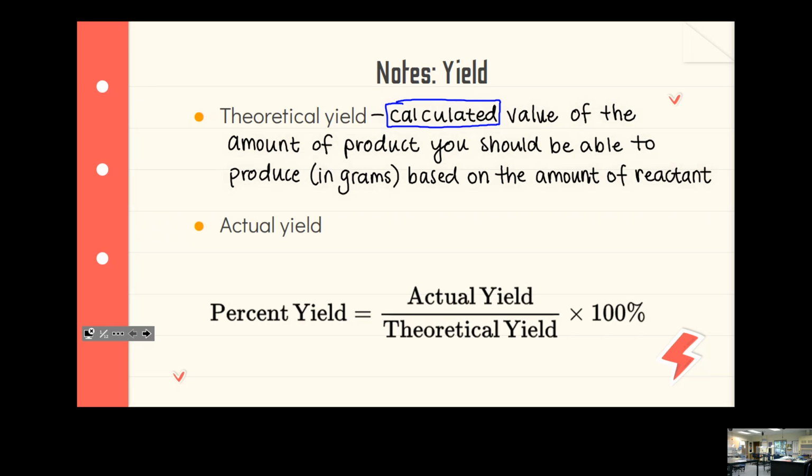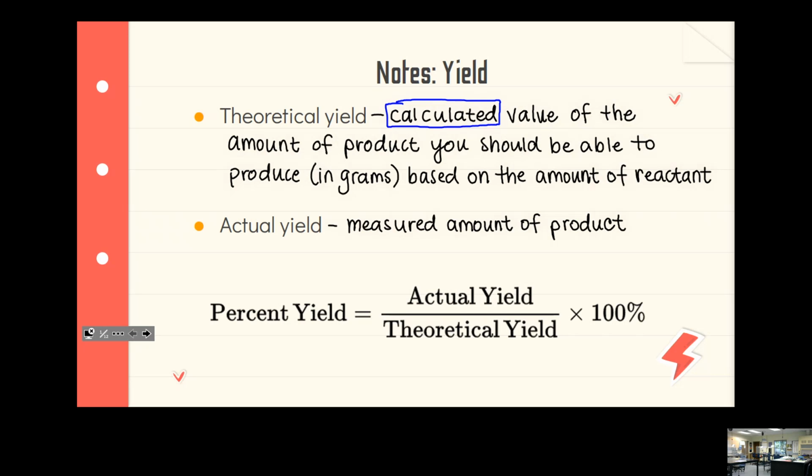should get. So in theory, whereas your actual yield is the measured amount. So keyword would be measured. So that means I have it sitting in front of me physically. I take it and put it on an electronic scale.